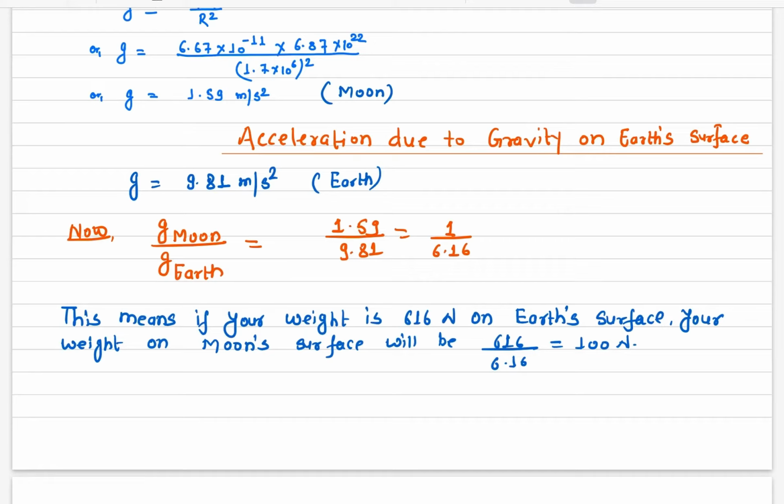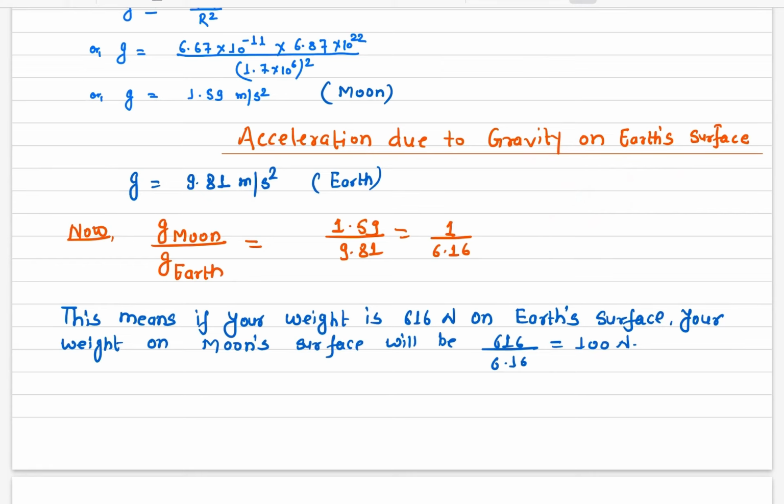Or let's say you weigh 400 pounds on the Earth's surface, then your weight on the moon would be 400 divided by 6.16.